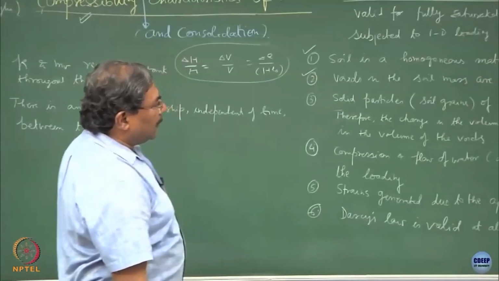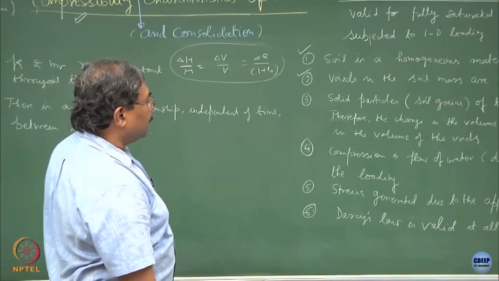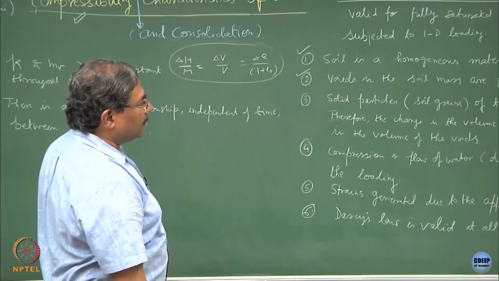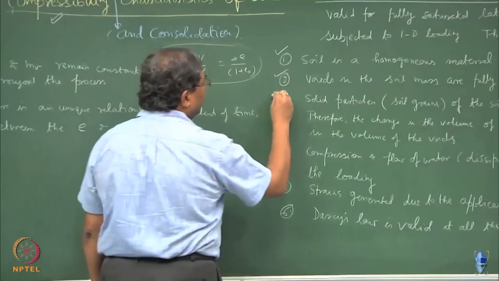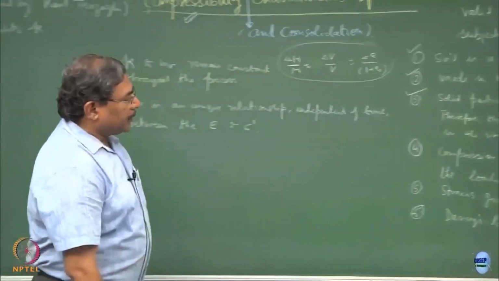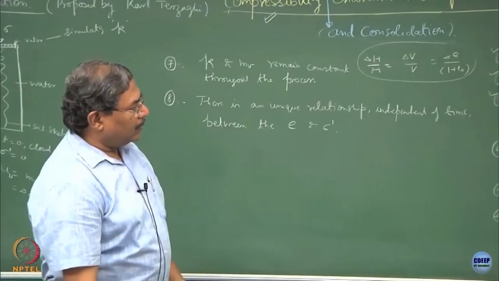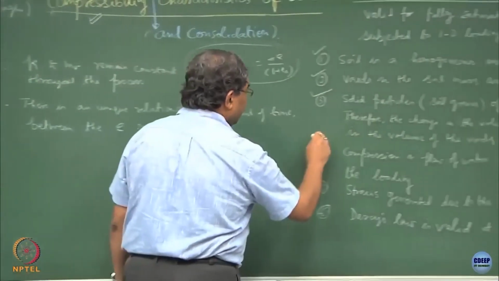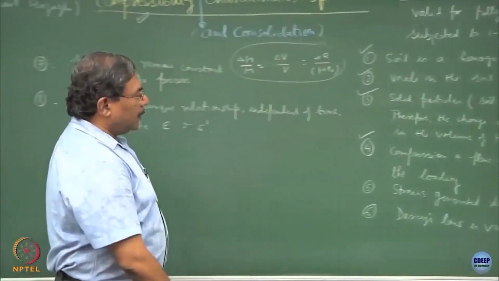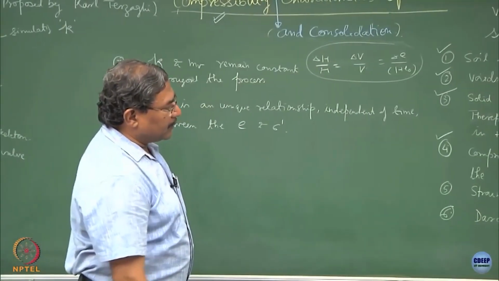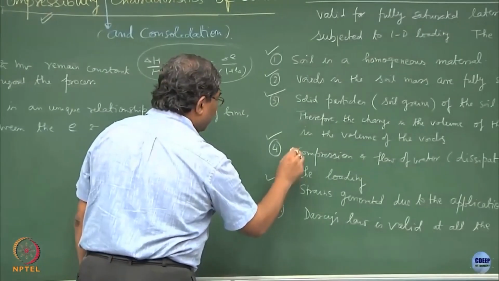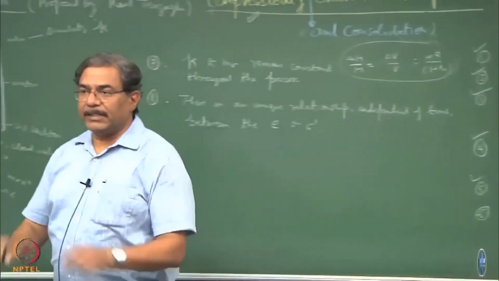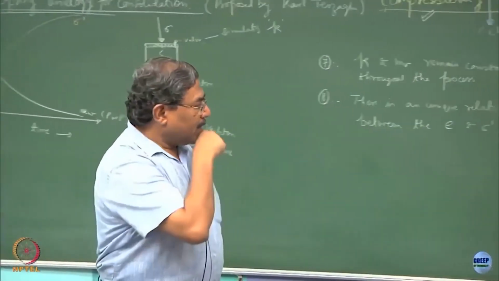Solid particles of the soil and water in the voids are incompressible, therefore, the change in the volume of the soil when loaded is due to the change in the volume of the voids, is fine. Compression and flow of water are unidirectional, opposing the loading, is okay. Strains generated due to the application of external loads are small, is fine, there is no problem, I can deal with it by discretizing in small layers.